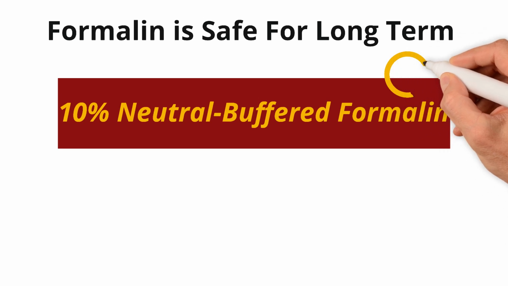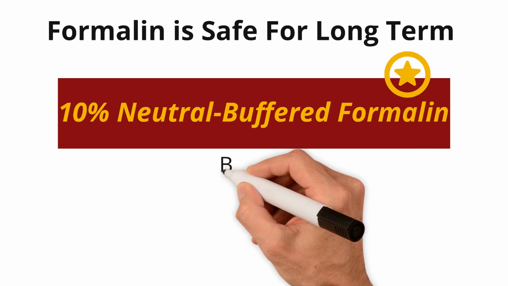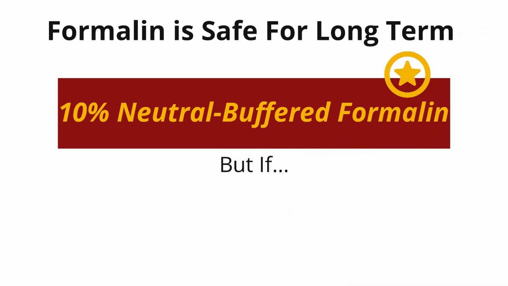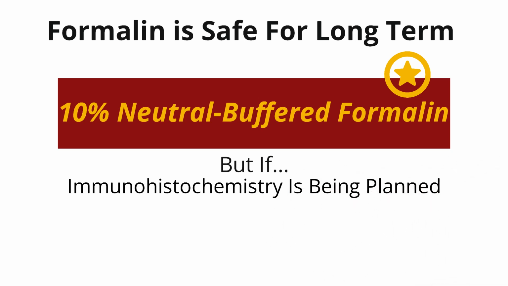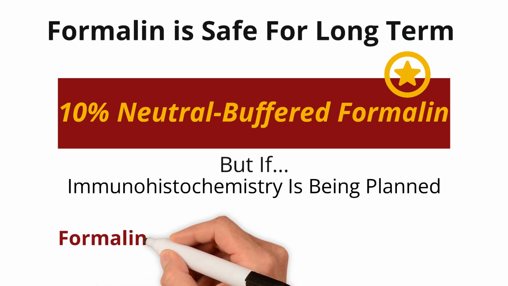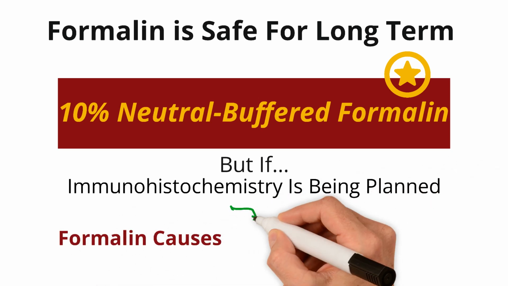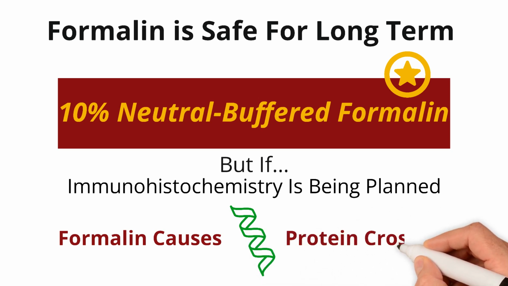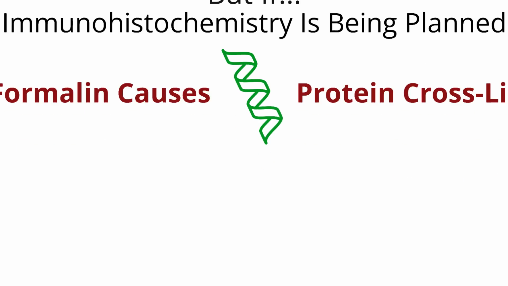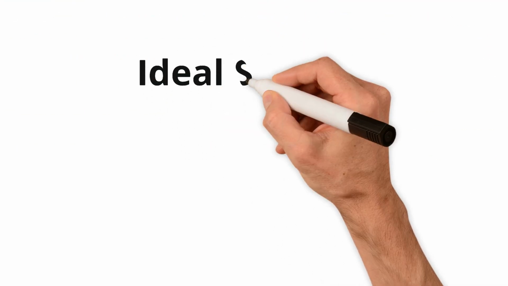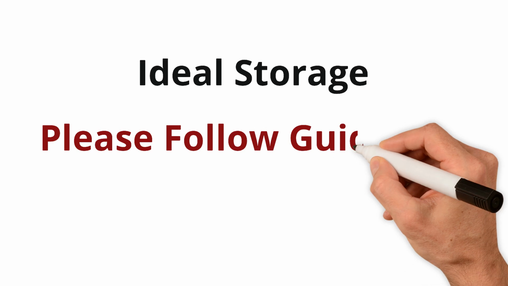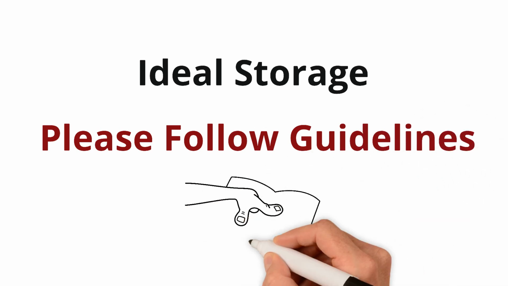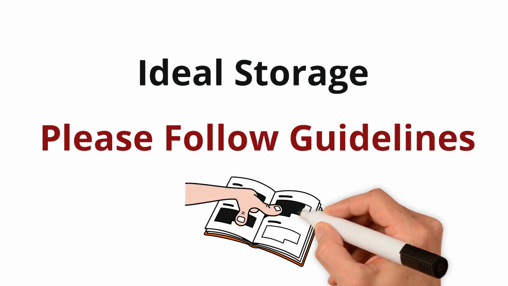It can stay there indefinitely without much issue. But if you plan to run immunohistochemistry later, don't leave it in formalin too long. Formalin causes ongoing protein cross-linking, which can interfere with IHC results. Each fixative has its own ideal storage method, so always follow the guidelines for the specific one you are using.